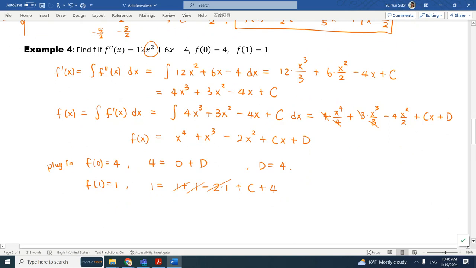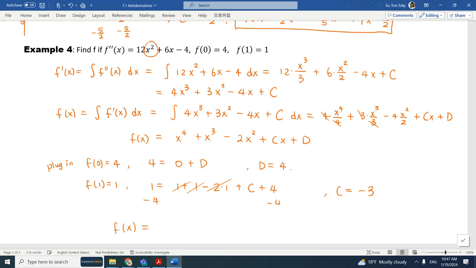How do you solve for c? Minus 4. So c equals negative 3. Yes. Finally, my function.